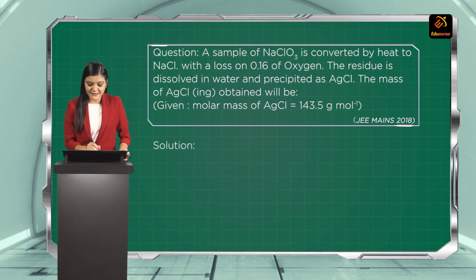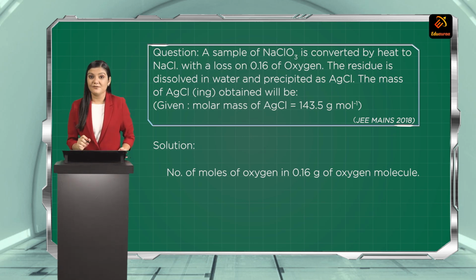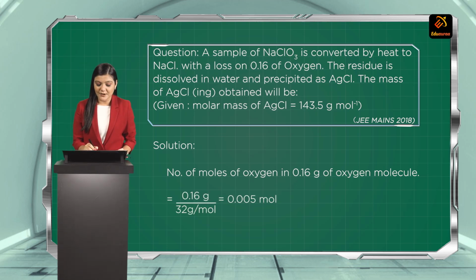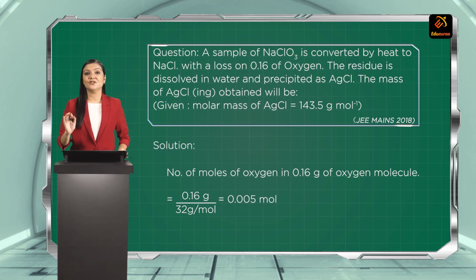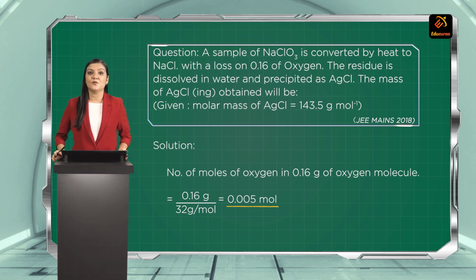When we consider the number of moles of oxygen in 0.16 gram of oxygen molecule, the number of moles is equal to weight upon molar mass. So 0.16 divided by 32, where 32 is molar mass of oxygen. Answer is coming out to be 0.005 moles.